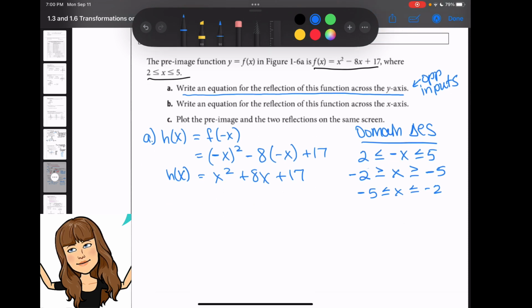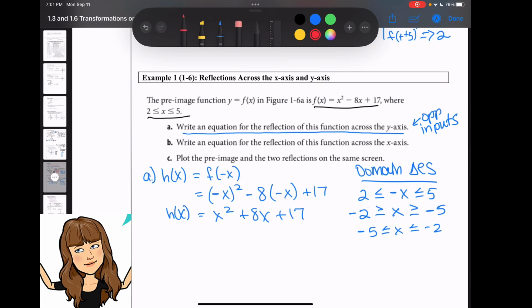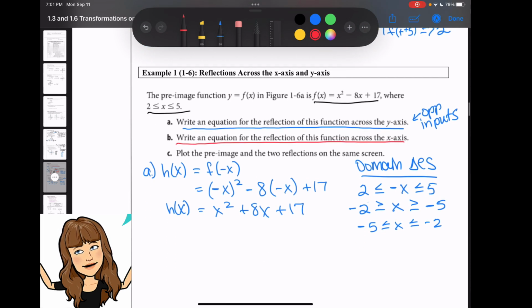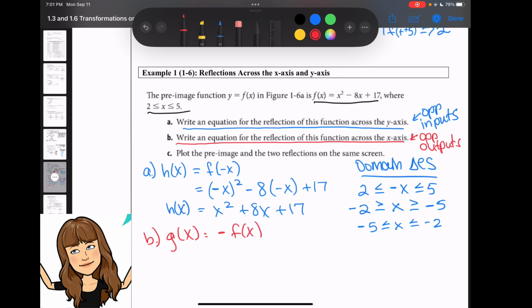All right, so for B, now we're going to write an equation for the reflection of this function across the x-axis. That happens to be this, which is our g of x. All right, so what we do here now is we do the opposite outputs. So for B, we're going to say g of x is the opposite of f of x.